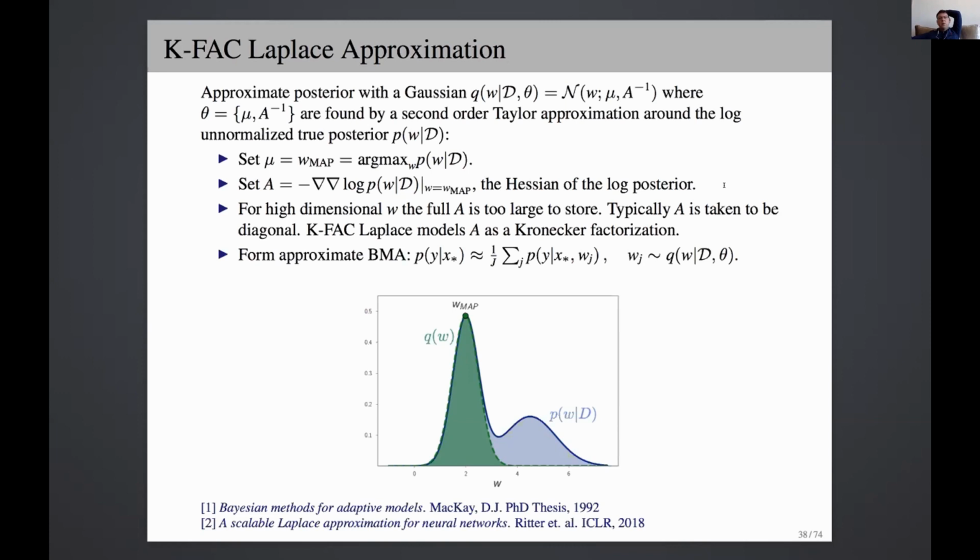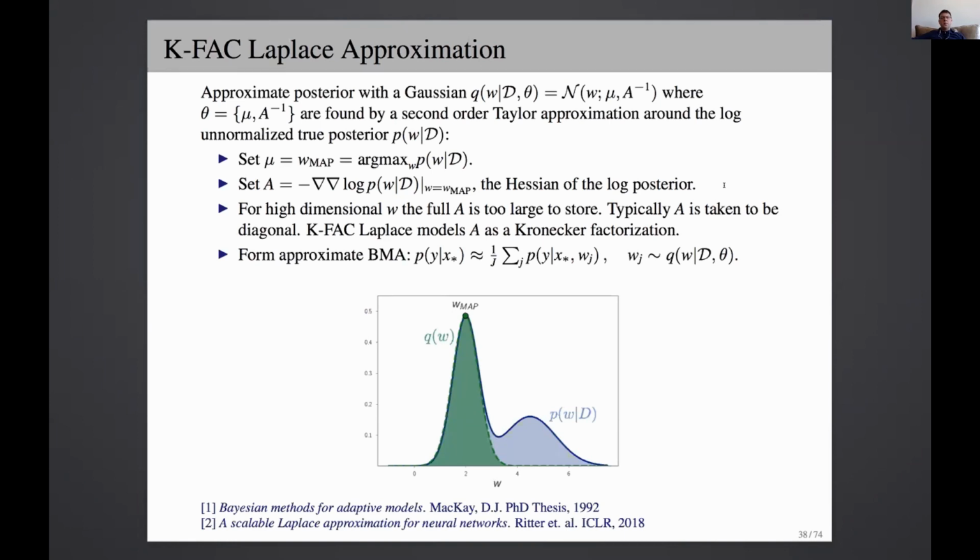And then we'll compute the Hessian of the log posterior at that point, and then use that to form the covariance matrix or the precision matrix of our Gaussian approximate posterior. Now, of course, if we're working in a very high dimensional space, that Hessian is going to be impossible to use or store.